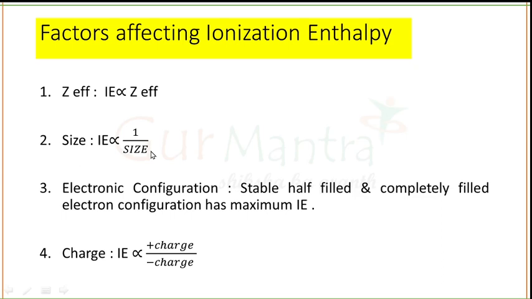Third most important point is electronic configuration. Stable half-filled and completely filled electronic configurations have the maximum ionization enthalpy because the outermost electron is tightly bound in that particular condition. Next is charge. Ionization energy is directly proportional to positive charge while it is inversely proportional to negative charge. As you know, Z effective is also proportional to positive charge and inversely proportional to negative charge, and therefore ionization energy is directly proportional to Z effective.